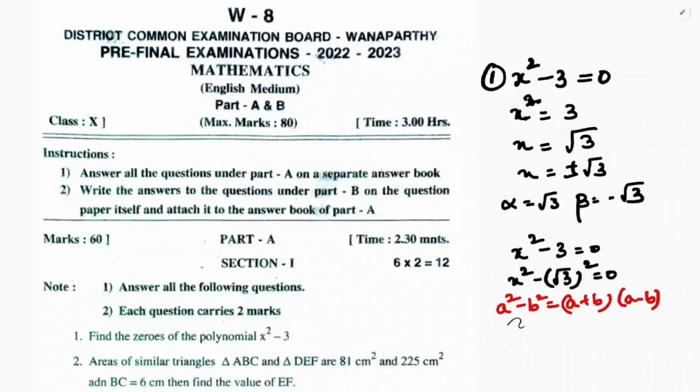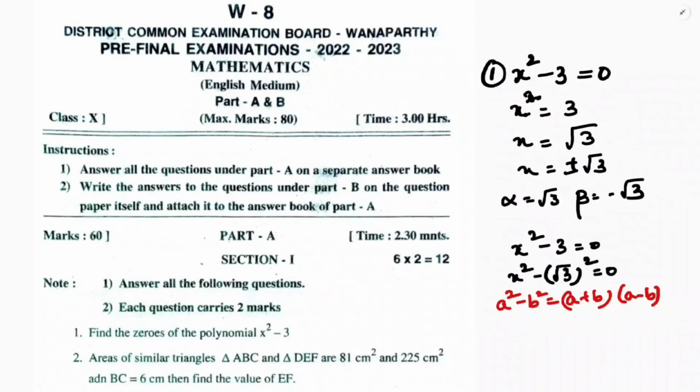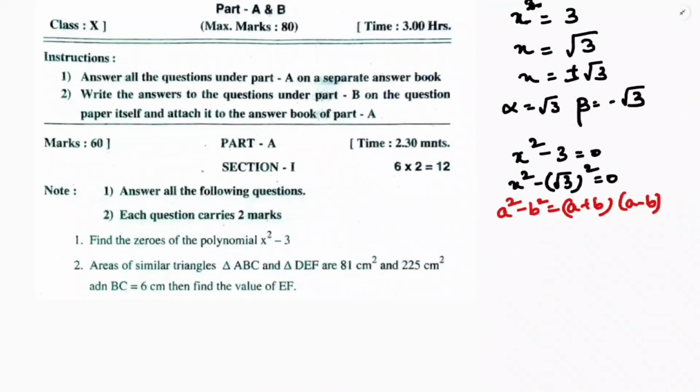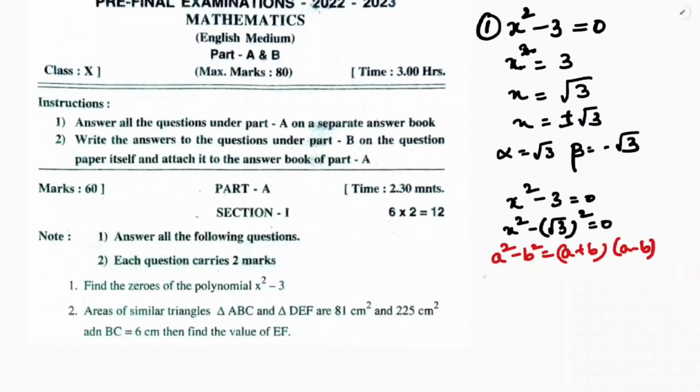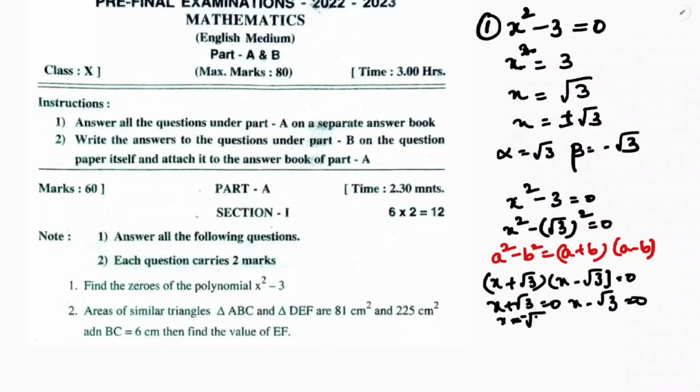So here I can write (x plus root 3) into (x minus root 3) equals 0. So x plus root 3 equals 0 and x minus root 3 equals 0. So x equals minus root 3 and x equals root 3. In this way we can solve this.